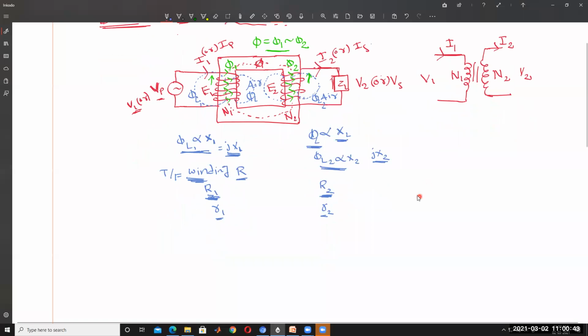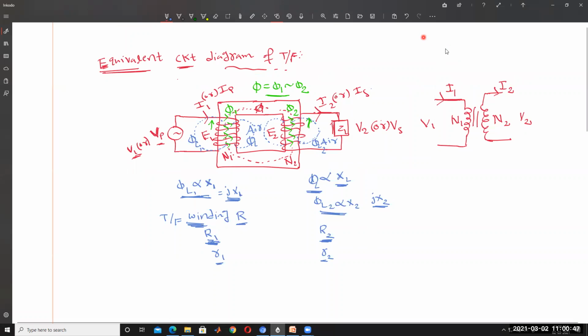And the transformer core has some losses, called eddy current losses. Because of the transformer core having eddy current losses, there is a watt-full component, represented by Iw.